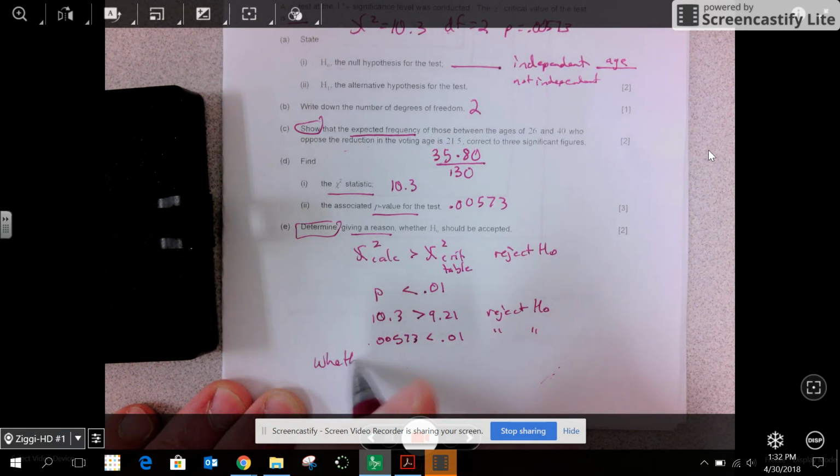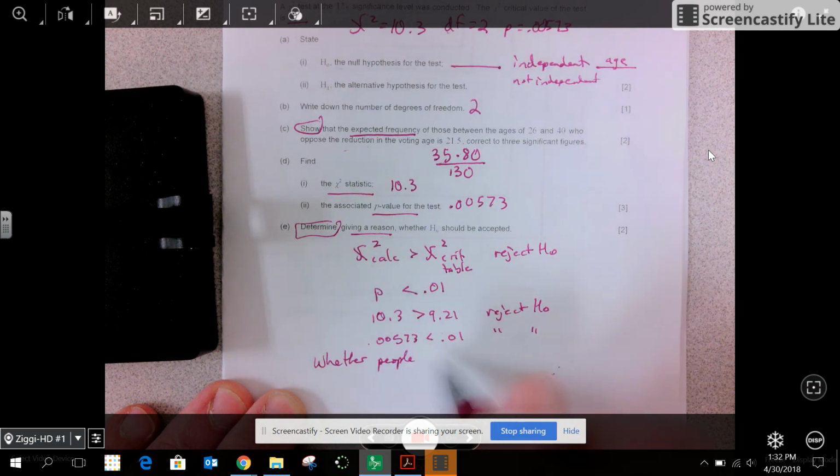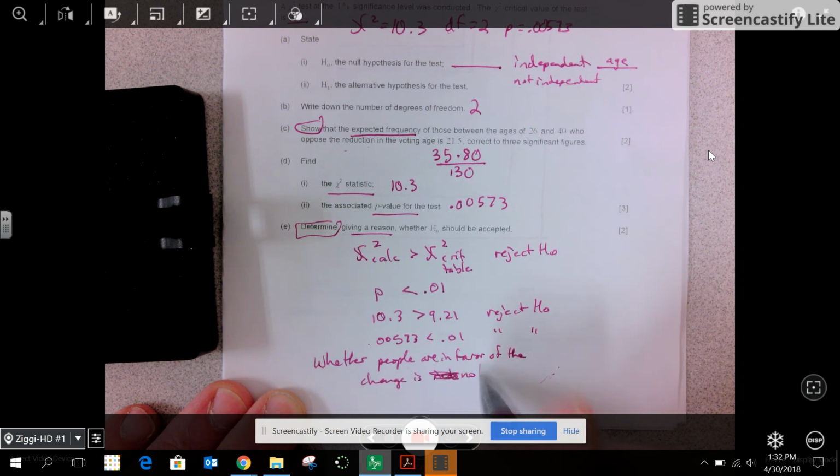whether people are in favor of the change is not independent of their age.